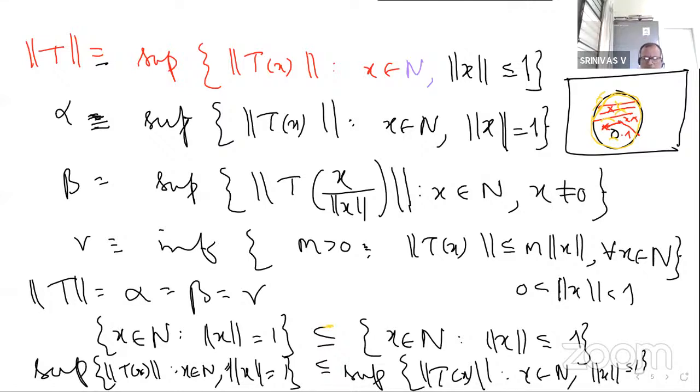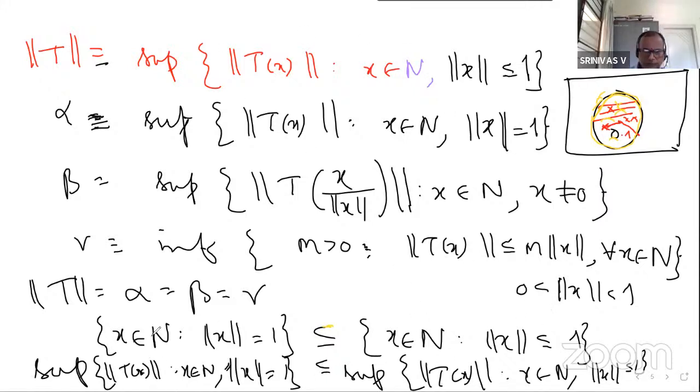Because this is a subset of this, and for the same functional you are considering the sup value, you are looking at the T images and taking the norms. Because of that, the sup of these values will be less than or equal to the sup of this.